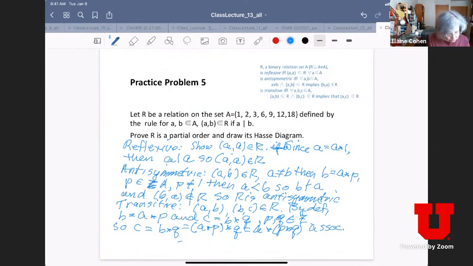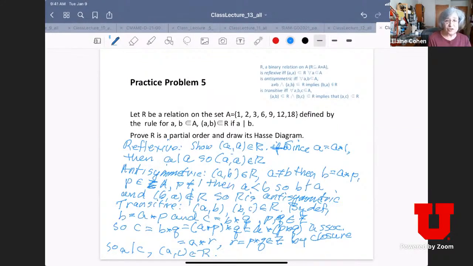And that's equal to A times R, R equal to PQ in Z by closure under multiplication. And this last one says A divides C because it satisfies the definition, and (A, C) is in R.